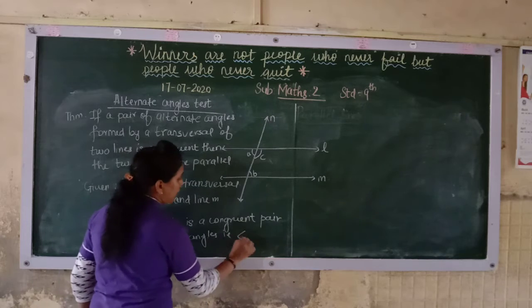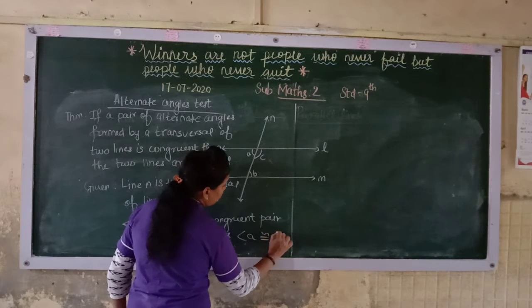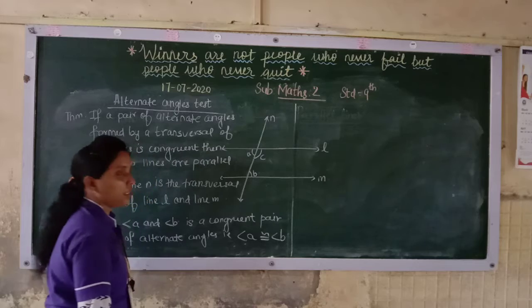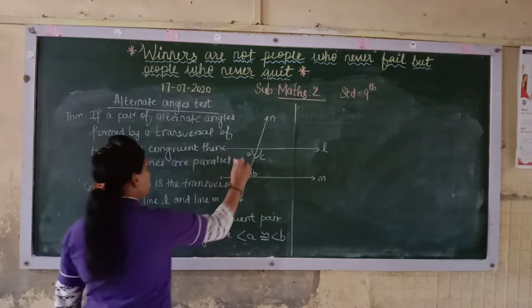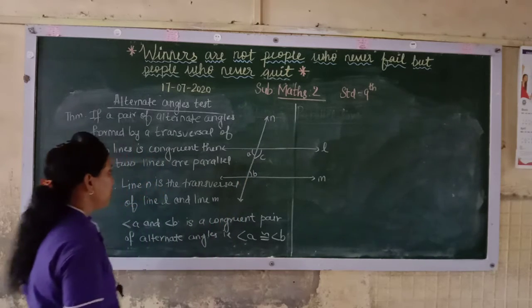That is, angle A is congruent to angle B.